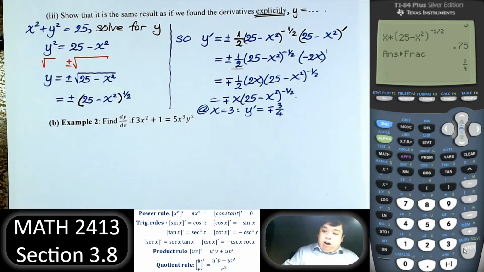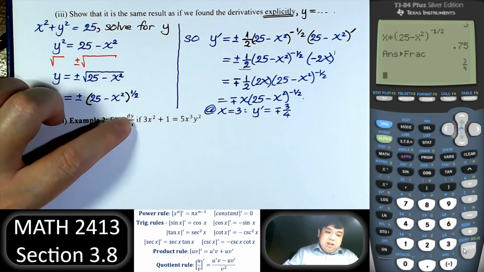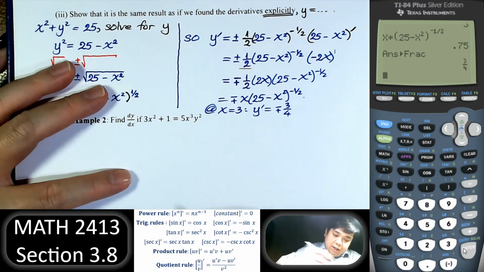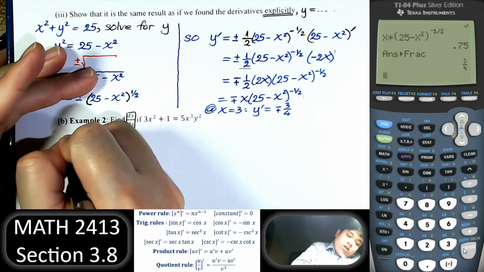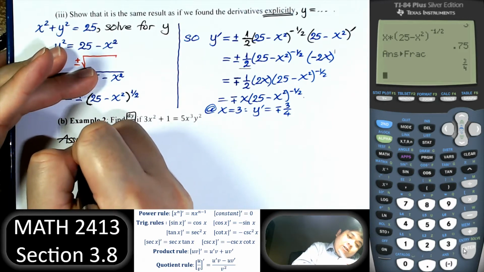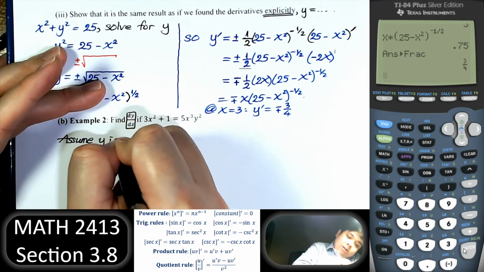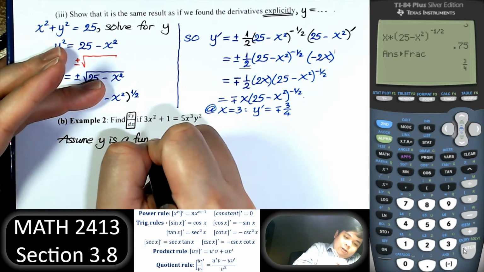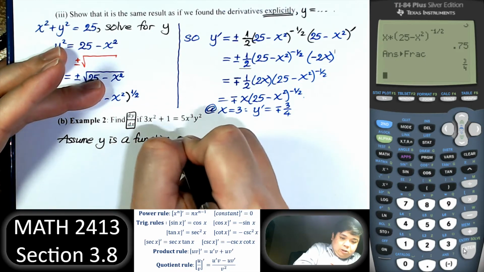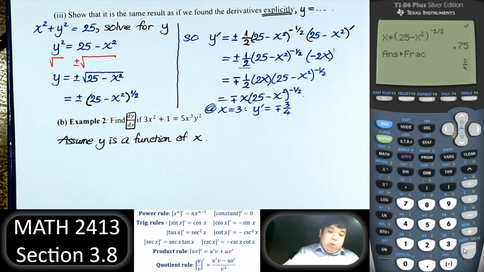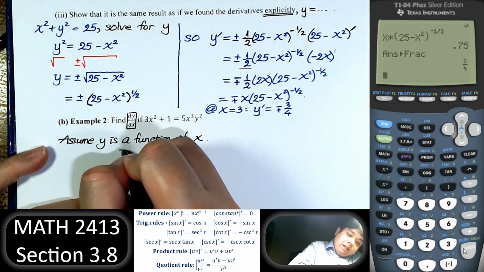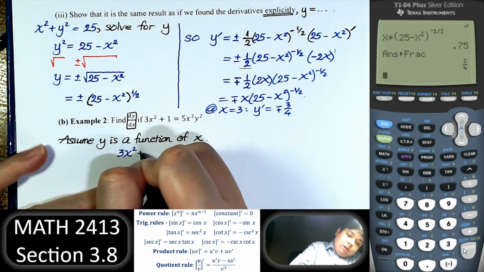Now, I'll find dy over dx for that one. Now, once again, dy over dx means y is a function of x. And then we will differentiate with respect to x, 3x squared plus 1.